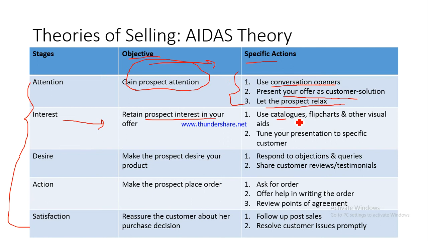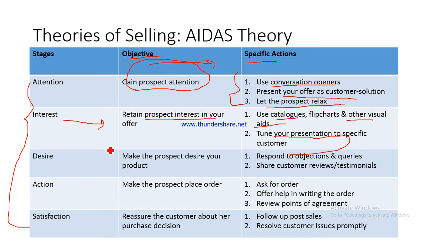You can use catalogs, flip charts and other visual aids. And you can also customize your presentation according to the specific needs of the prospect to whom you are talking, right? And this way you would be able to hold on to his attention. He'll remain attentive to your sales appeal. He'll show more and more interest in your offer.